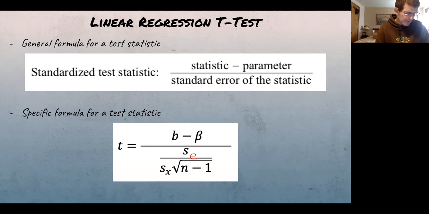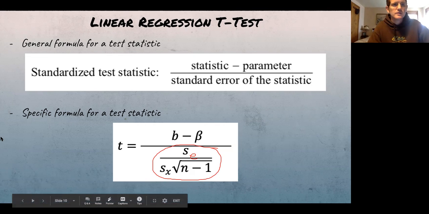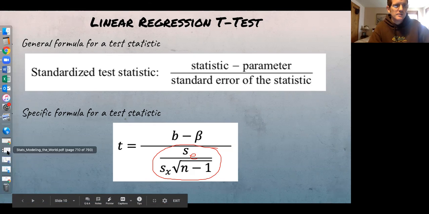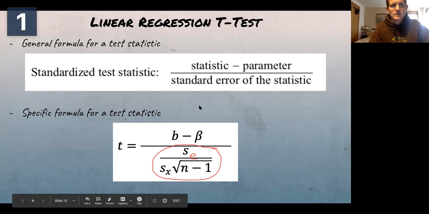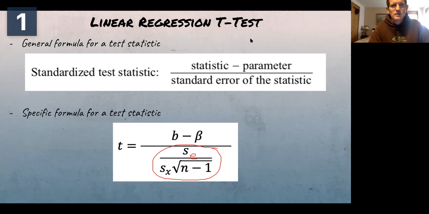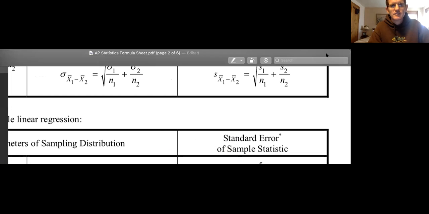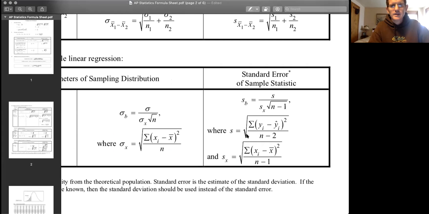And when I say it's straightforward, this part right here comes straight from the AP formula sheet. I will pull up the AP formula sheet because we can see that right here.